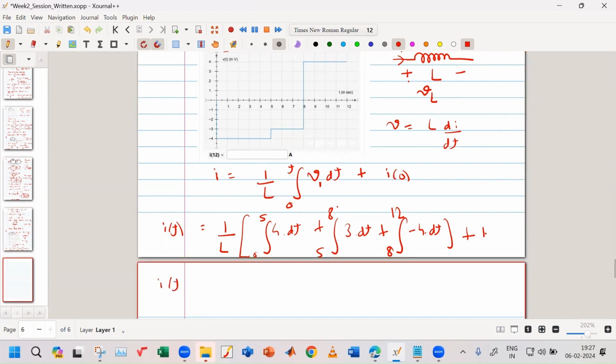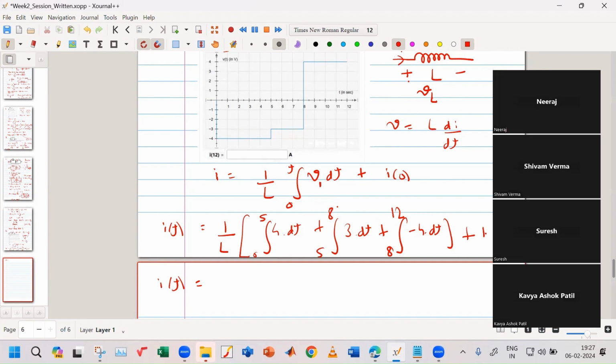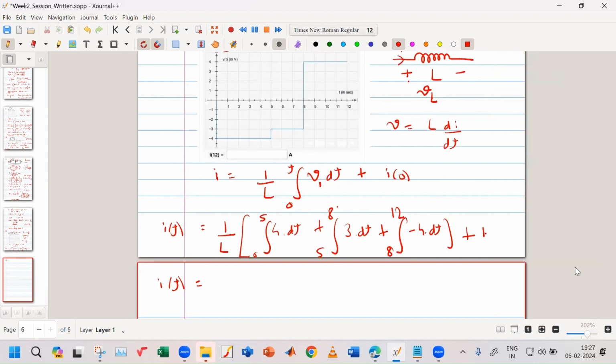So what is my I of t then? Suresh, what is I of t? 1 by L. Okay, 4 into 5 is 20. 20 plus 3 into 3, which is 9, plus -4 into 4, so -16.